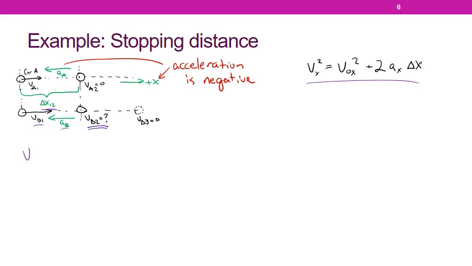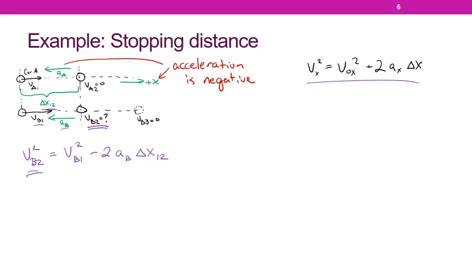Writing it down, I get that VB2 squared equals VB1 squared minus 2 times my acceleration times the distance between point 1 and point 2. At this point, there's nothing to rearrange.